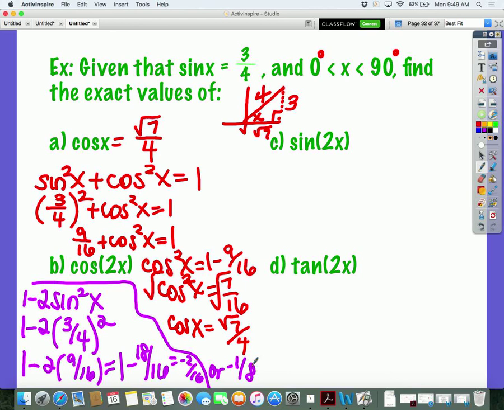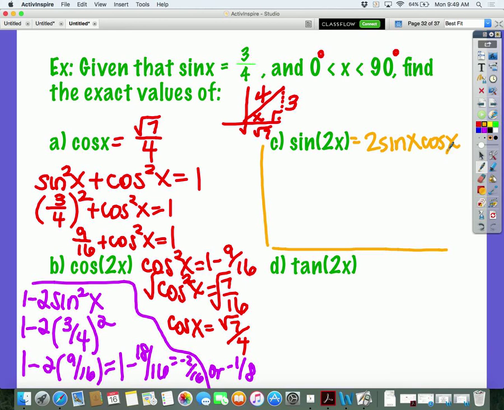Questions so far? Formula, plug in. Sine 2x. That formula is what? So 2 sine theta cosine theta, or in this case we'll use x, since that's our variable.